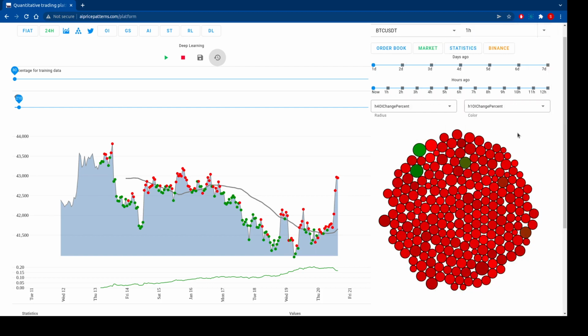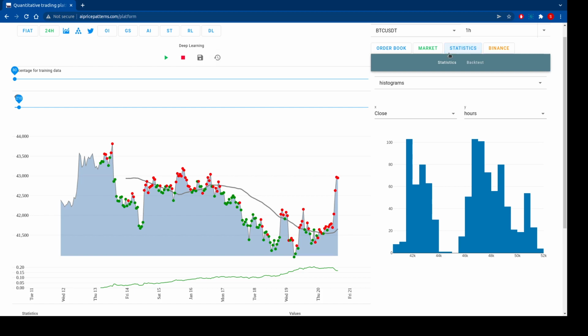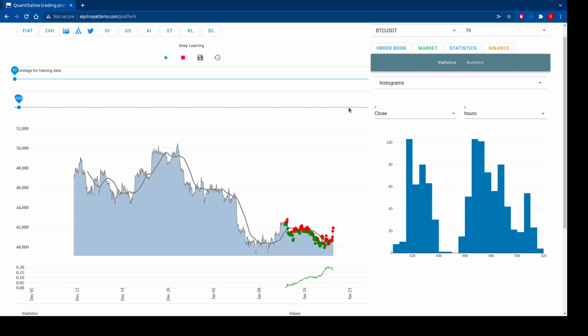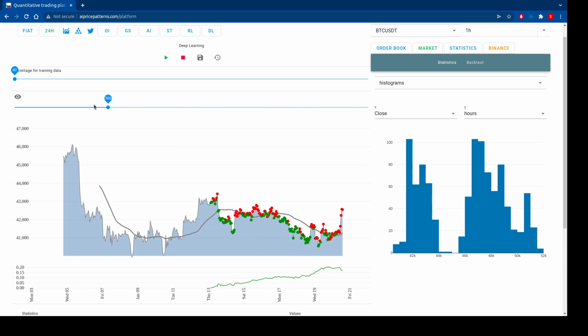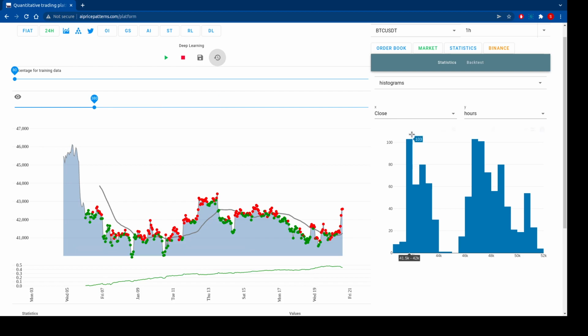Okay, and also, for example, to define some statistical levels, I'm looking at these charts. I like to use a histogram, and I take close data, and for example, you see we have a big bar.